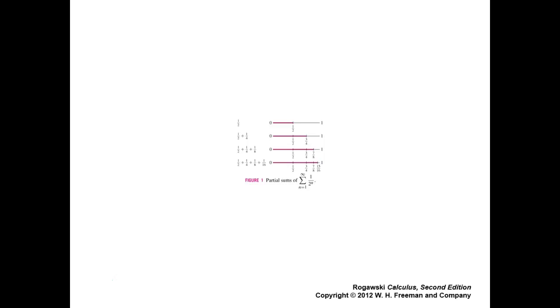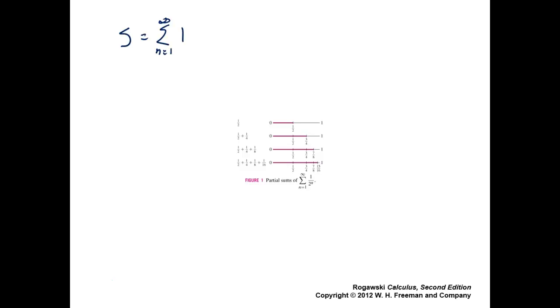A main goal of this chapter is to develop techniques for determining whether a series converges or diverges. It is easy to give examples of series that diverge. For instance, let me do this first. The series, capital S for series, technically a partial sum, but we'll just go with the sum now, is equal to the summation from n equal 1 to infinity of some little old number like 1.